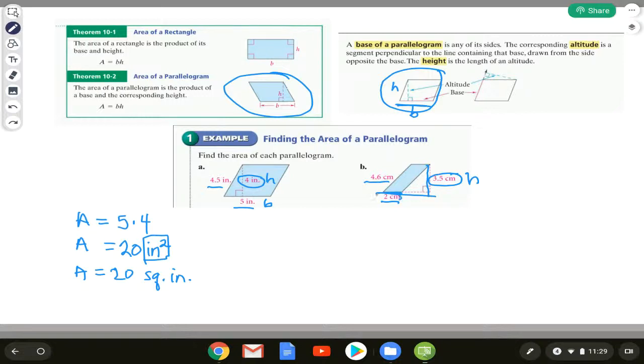So 2 centimeters will be my base. So my area will be 2 centimeters times 3.5 centimeters. So that's going to be 7 centimeters squared, or square centimeters, whichever way you prefer to write it.